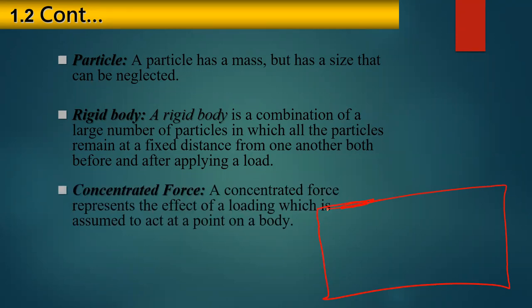A concentrated force is just a force that is directed to a point on a given body. Let's say if this is a point, we want to apply a force at this point. If we apply that force at only one point of this body, that force is known as the concentrated force. So these terms are simple and straightforward. You don't need to master them, just need to know them in case one of these terms has been used in a question.